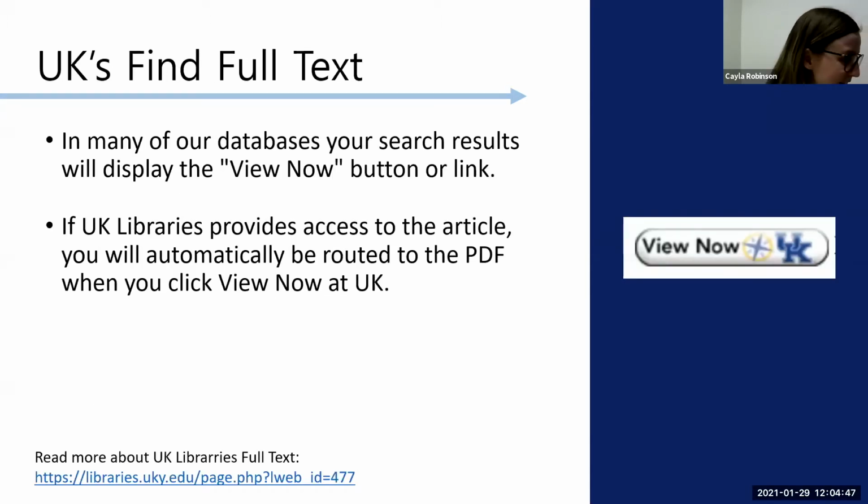So this is what the button looks like. It's a little bit smaller on the PubMed page, but essentially if we have it and you click this, it will take you there. Many of our databases actually have this button, not just PubMed. If you're searching in something like CINAHL or PsycInfo and you see this button and you click it, it should, as I said, take you to the full text.